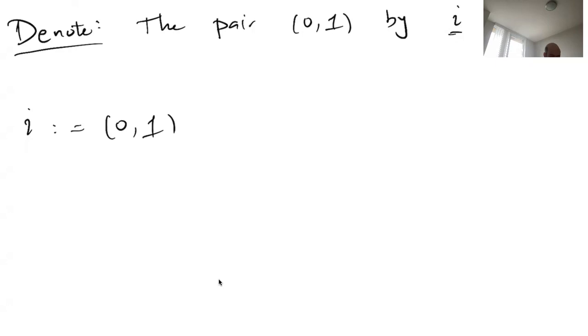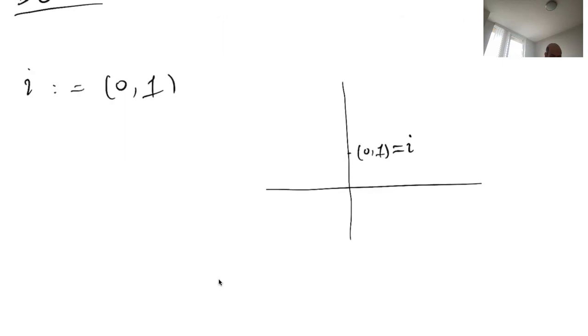Let me show it on the plane. If you have the Cartesian plane, 0 and 1 is here, which we can denote with i.